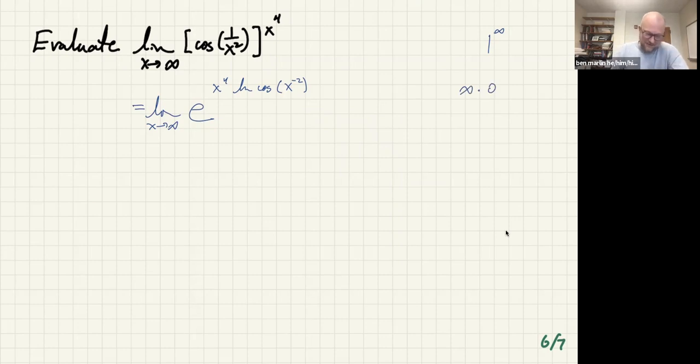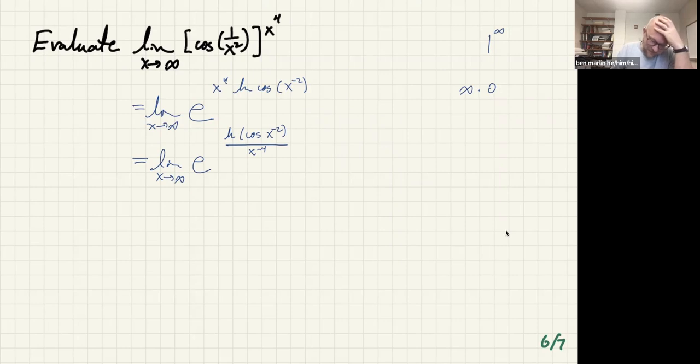Now, God, this is, I think, going to be least awful if we put it as a logarithm of the cosine of the x to the minus 2 over the x to the minus 4. Okay, I think that's our least offensive version of this one.